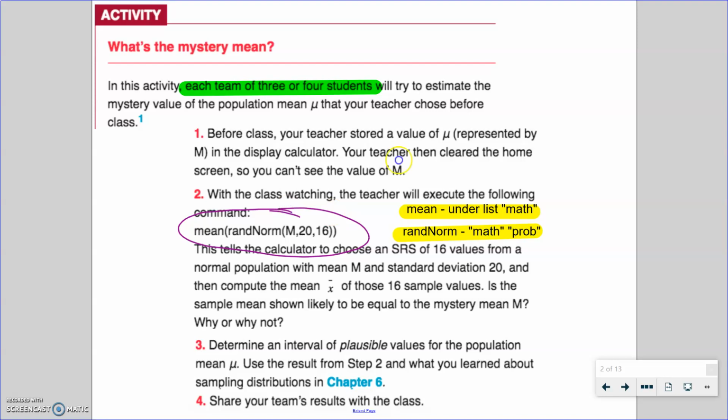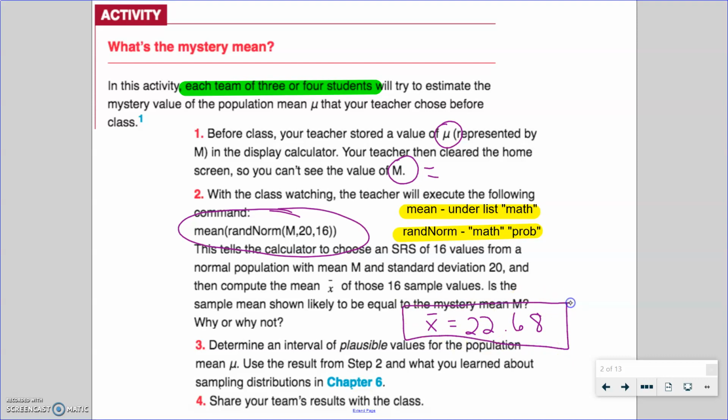I'm not going to tell you what the value of the true mean is, right? I'm keeping that secret. The only thing I am going to tell you is that when I typed this answer in, I got an x bar of 22.68 if I round.